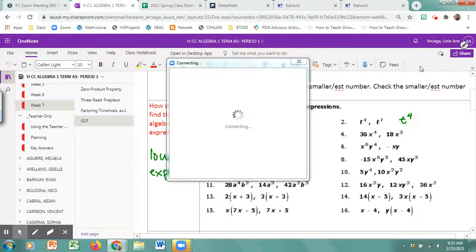My other device got disconnected again. Let me see if I can pull it up over here. Oh no. Okay, well, while waiting for me, go ahead and look at those examples.